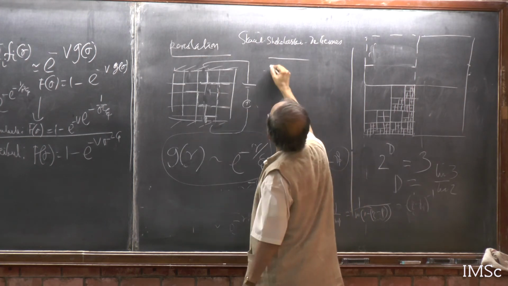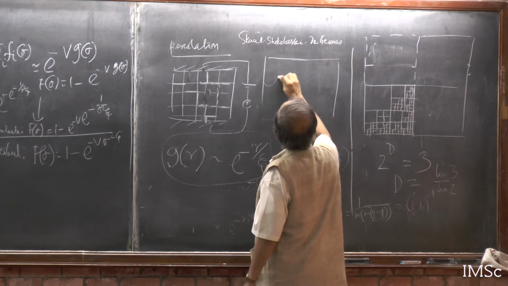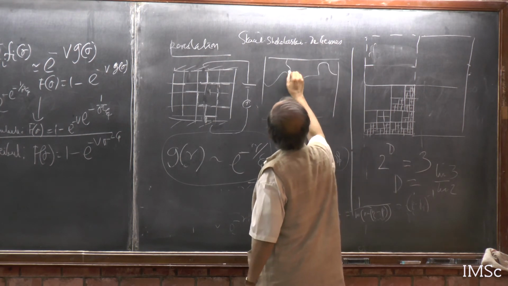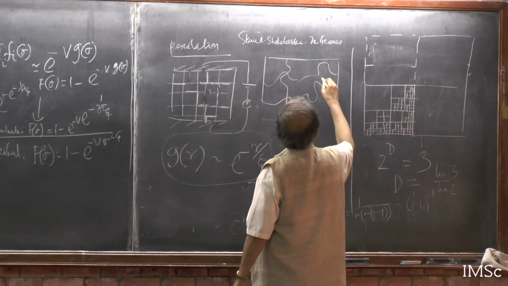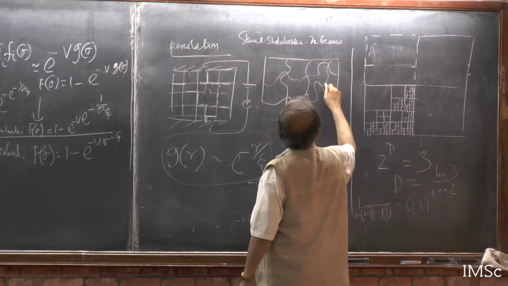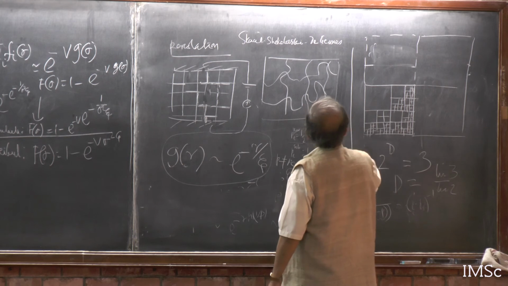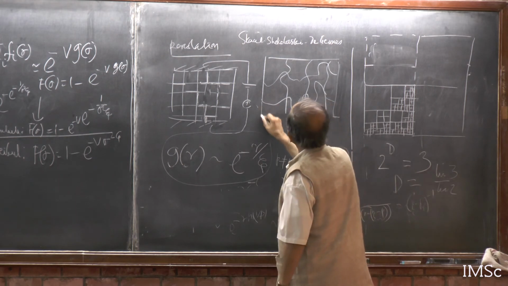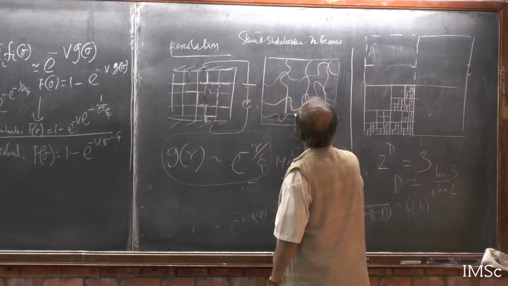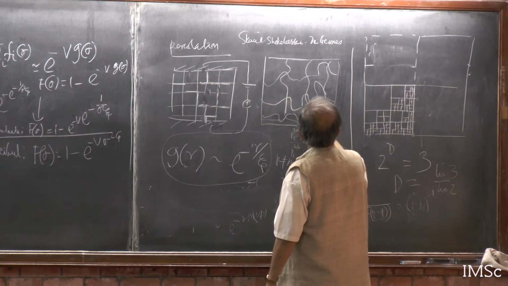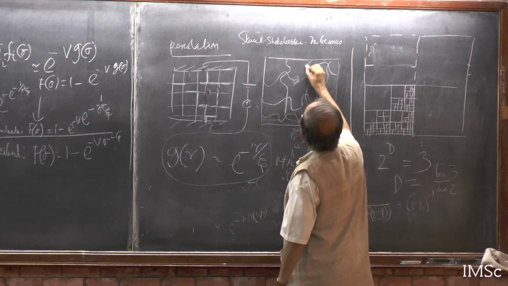What is this? This lattice would look like this. And then there are some regions which are multiply connected.